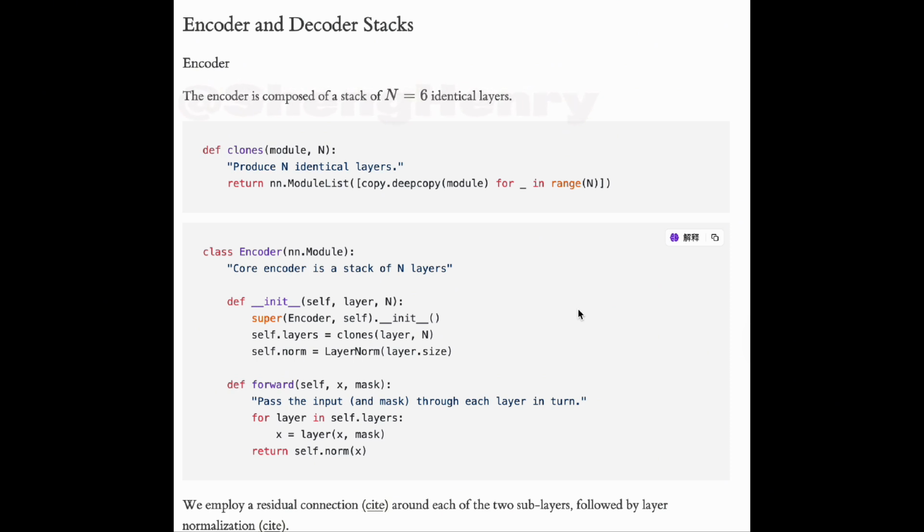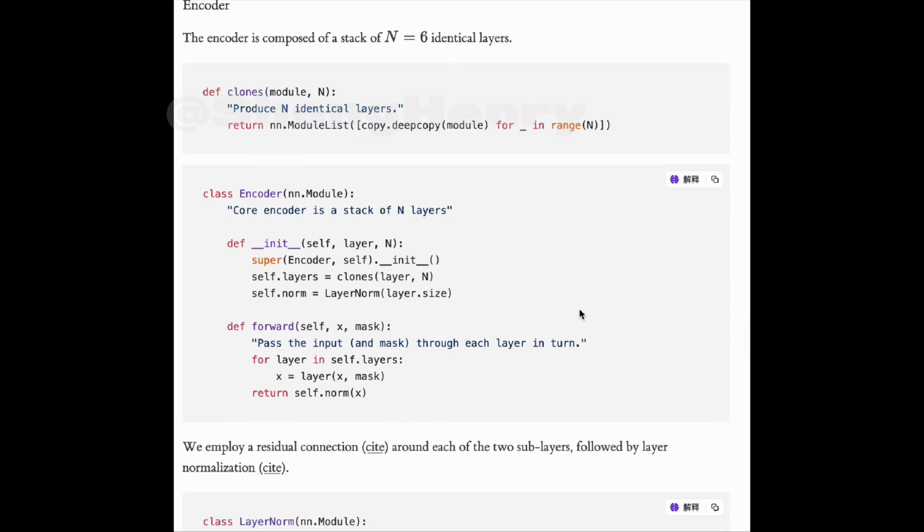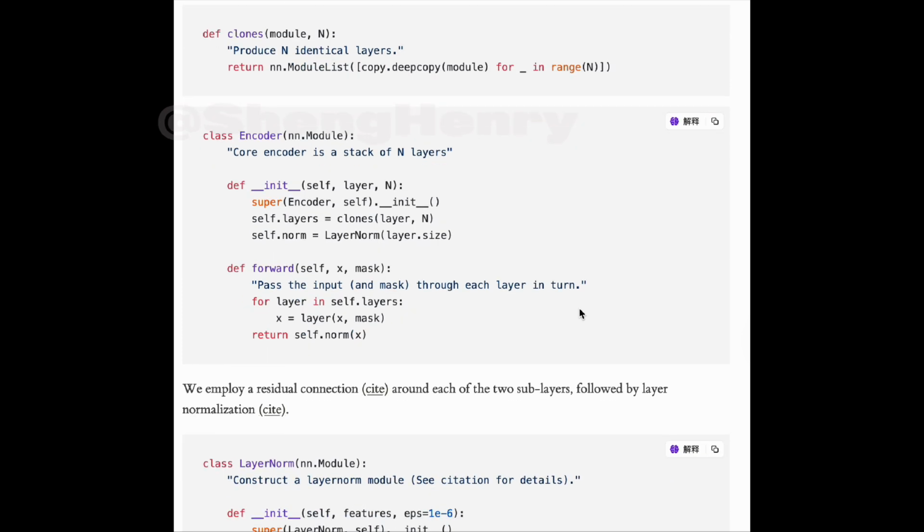In the following parts, the writer introduced an important concept called self-attention mechanism. Self-attention is a critical innovation that enables the model to compute representations by relating different positions of a single sequence.